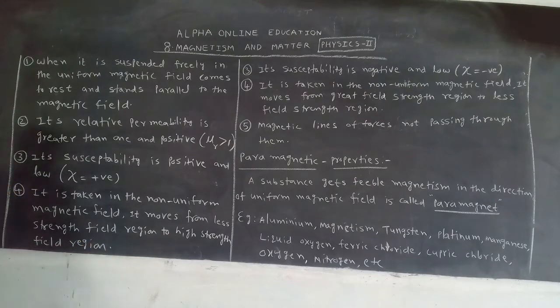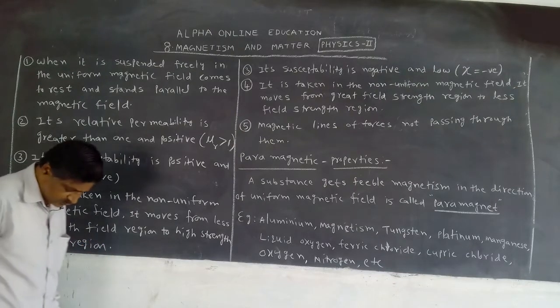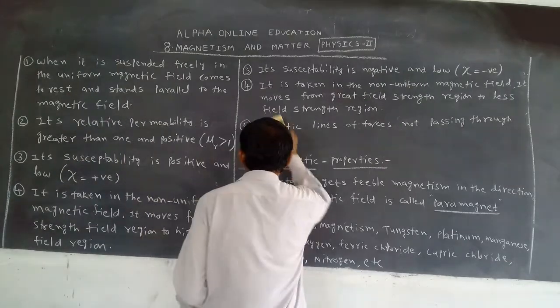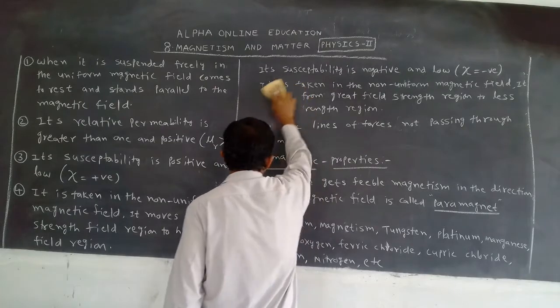Means when it is taken in a non-uniform magnetic field, it moves from where? Less field strength to high field strength.